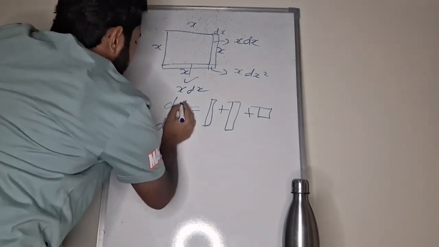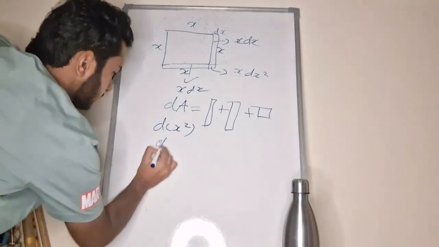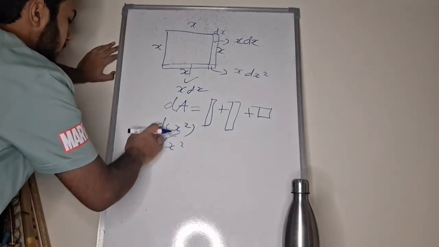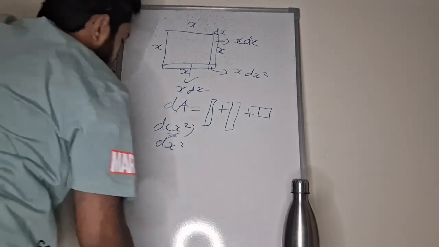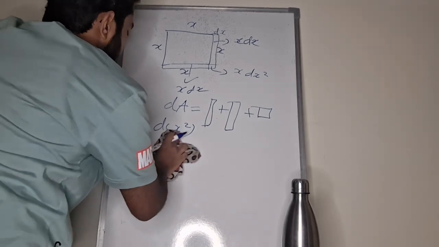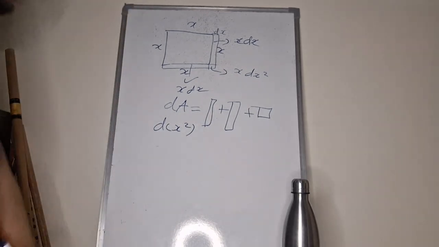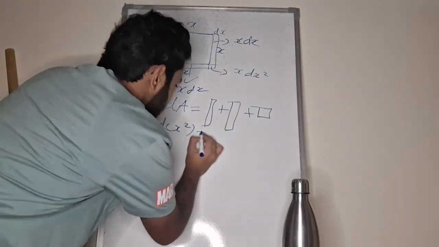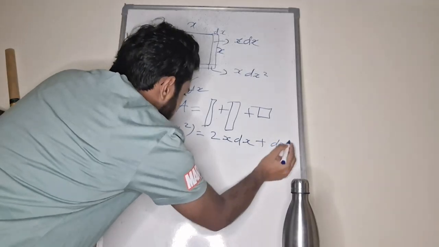Now we can write it as d of x square. Okay, this is not dx square. These are not equal. This is d of x square in the parenthesis. And these two things are different, distinct, not the same at all. So this is also x dx, this is also x dx, so this will be 2x dx. And then we have dx square.